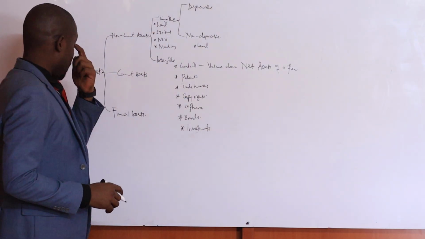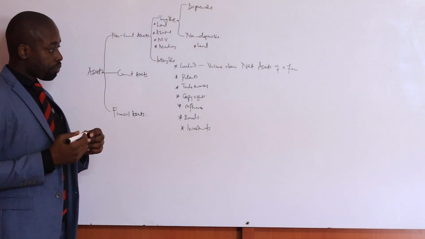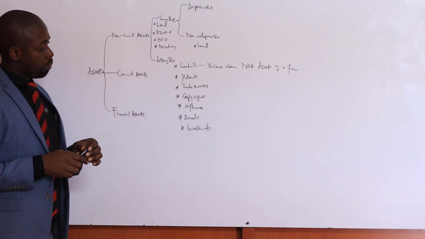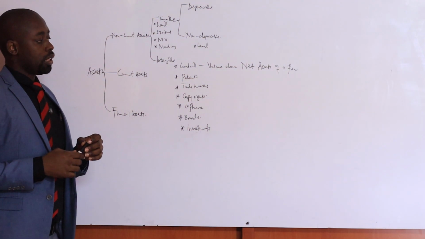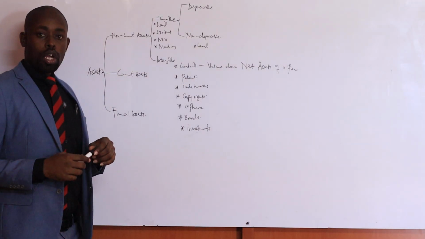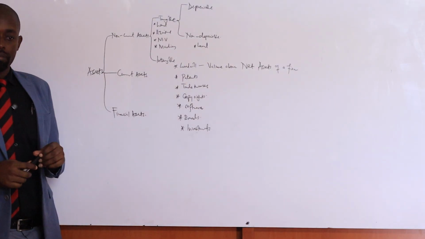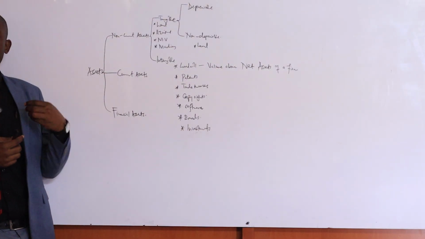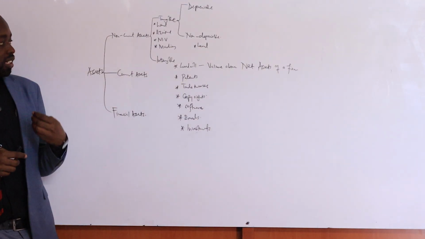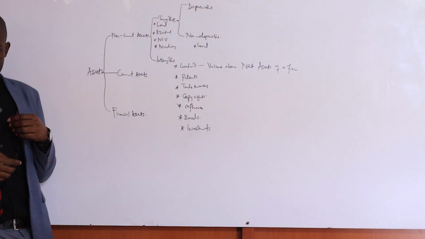We go to patents. Next one, patents. Now, what's a patent? A patent, maybe before I go far, let me talk about something called rights. When you have a right to something, when you have a right to receive something, or you have a right to own something, that right creates what we call an asset.